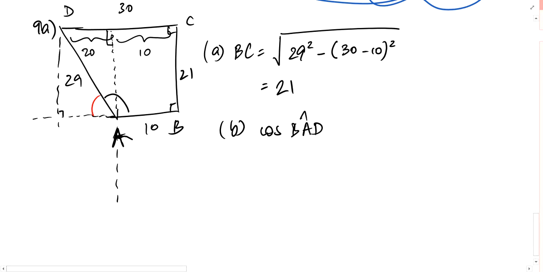If I can find cosine of the red angle, I will be able to flip the sign and get the answer for this. Agree? So how to find cosine of this red angle? What is the adjacent length? This is 20. What is the opposite length? This is 21, right? Then the hypotenuse is 29. So cosine BAD must be equal to negative.